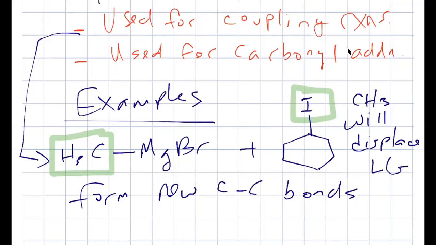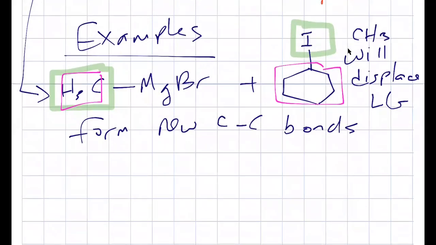So you're going to put these two parts together. The carbon here and the ring here are going to couple. And so when I do this reaction, I end up with this.